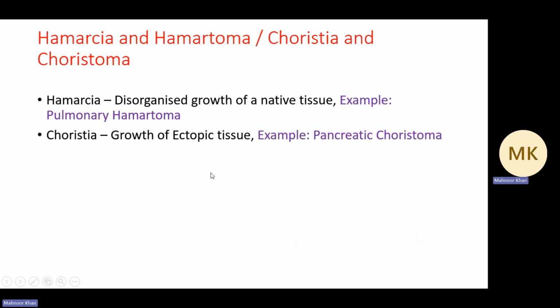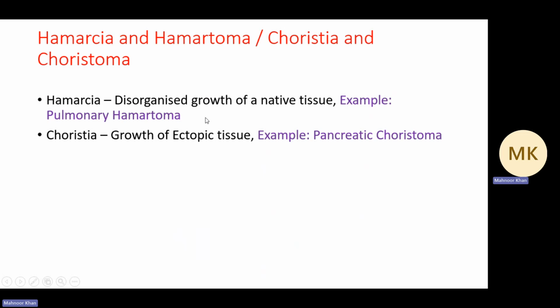Next, we have hamartoma and choristoma. Well, what is a hamartoma? Hamartoma is disorganized growth of a native tissue. For example, pulmonary hamartoma. That means that the pulmonary tissue grew as a disorganized tissue in its own native site, and now it forms a mass.